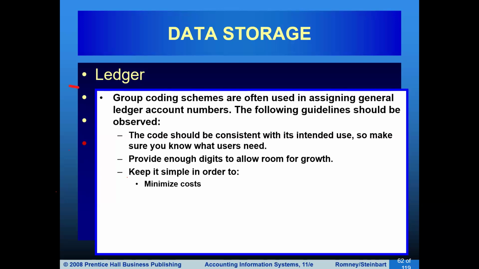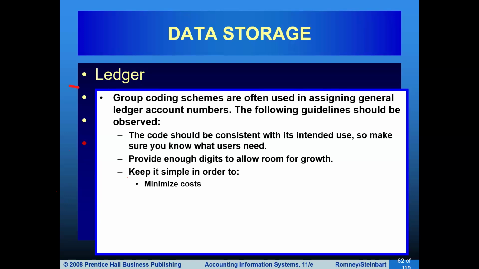The code should be consistent with its intended use. So make sure you know what users need: creditors, debtors, assets, right? Likewise, for the intended purpose, you have to identify the number, you have to code it.